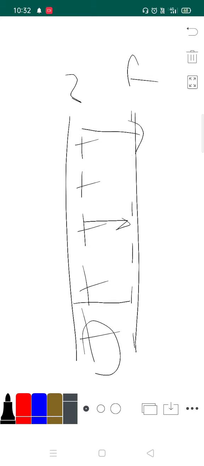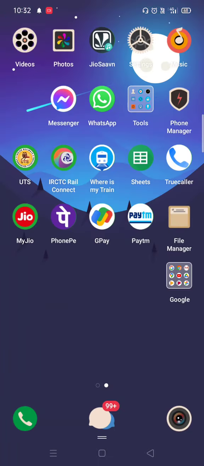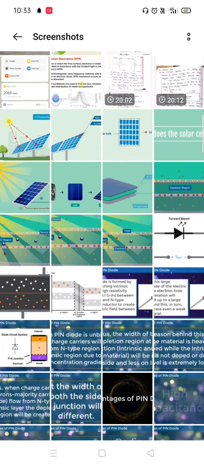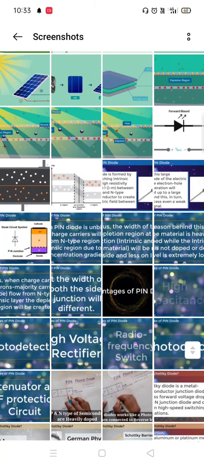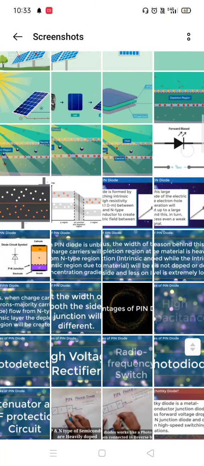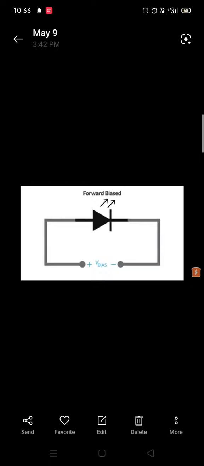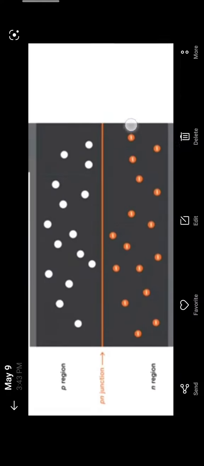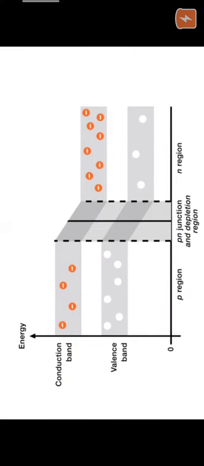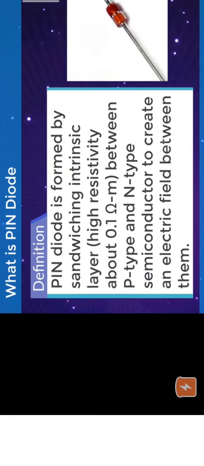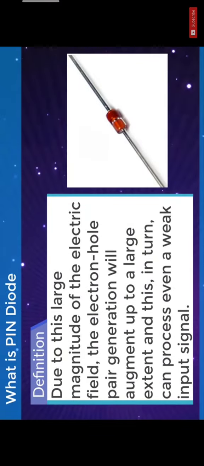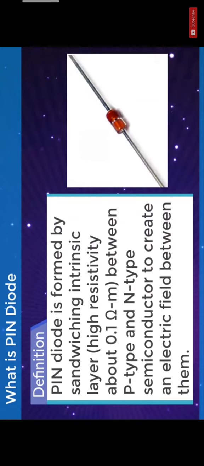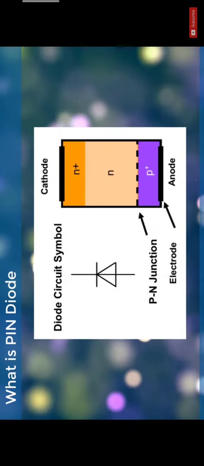So next I will continue with the PIN diode. When it comes to the PIN diode, the PIN diode looks like this.